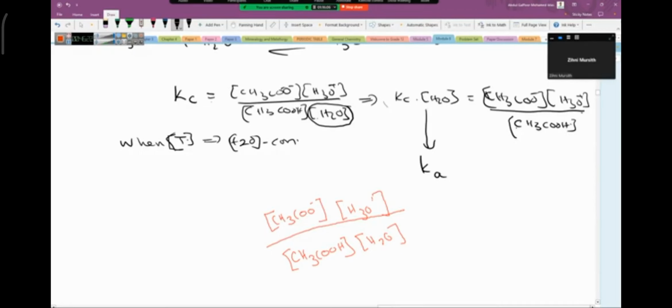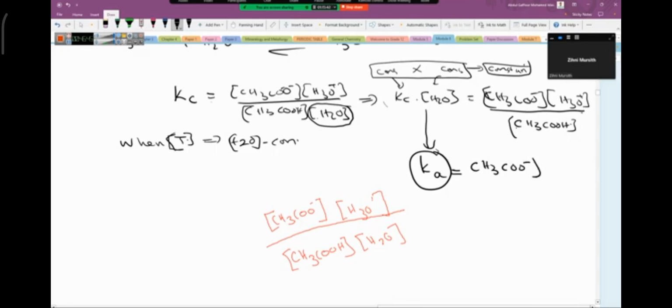So the multiplication of Kc and the concentration of water will become Ka, which is what we defined. The multiplication of two constants will again be a constant, and that constant is nothing but Ka. So Ka is equal to CH3COO minus times H3O plus divided by CH3COOH.